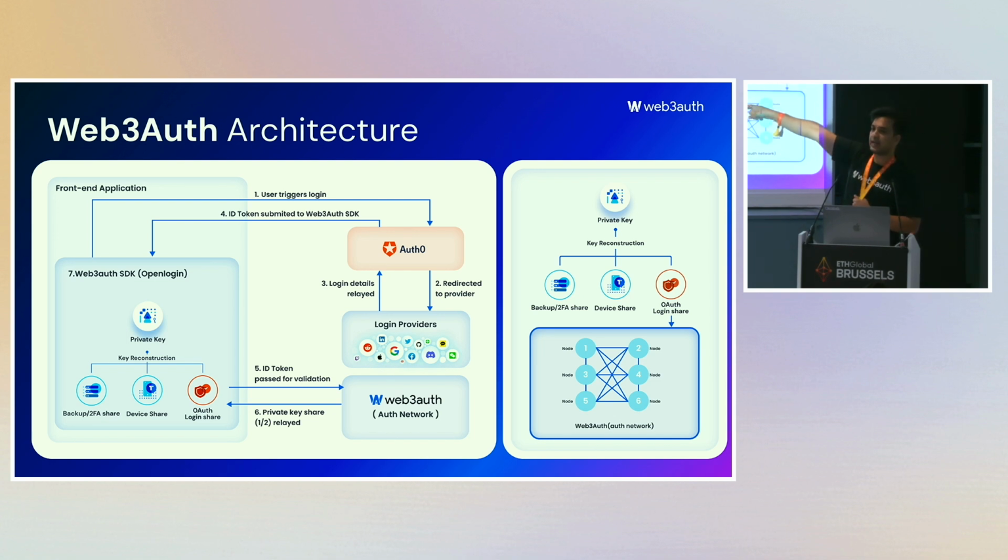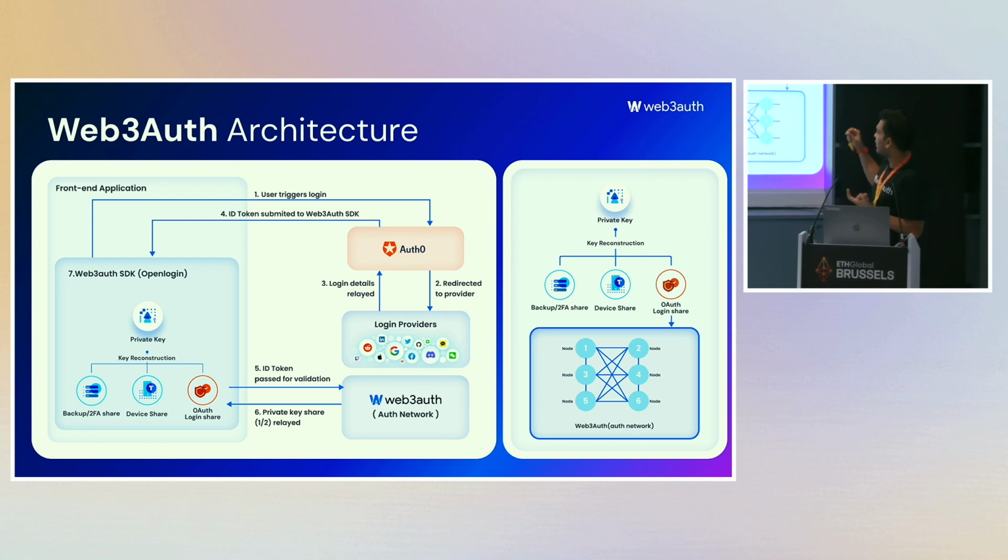As soon as you get the ID token, you pass it over to the Web3Auth SDK, and the Web3Auth SDK will generate a private key for you. How does it generate? This particular auth network hosts our nodes which have a key-value pair kind of storage of a part of your private key.